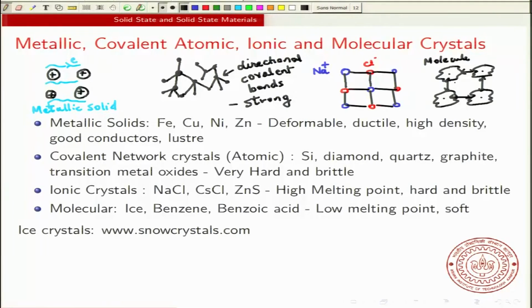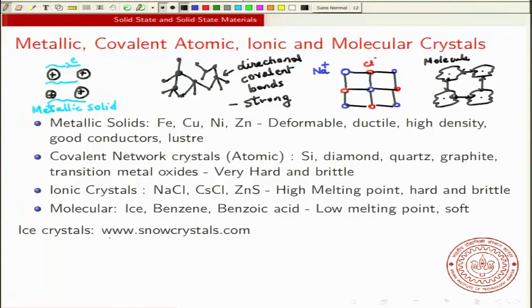Okay. Now, incidentally, I mentioned ice as a molecular crystal. I should say that the structure of ice, both the crystal structure and the crystal shape of ice, is something that has attracted a lot of interest from several groups, and it is a topic of both scientific and artistic interest.